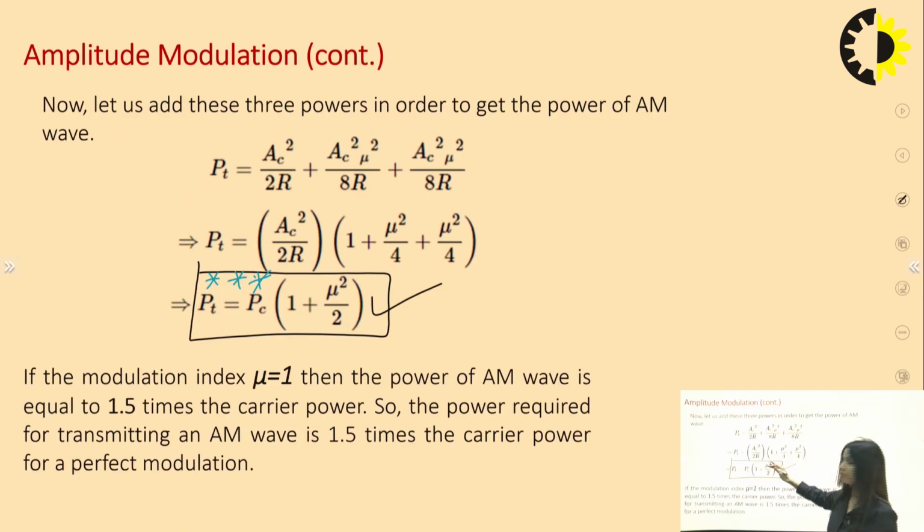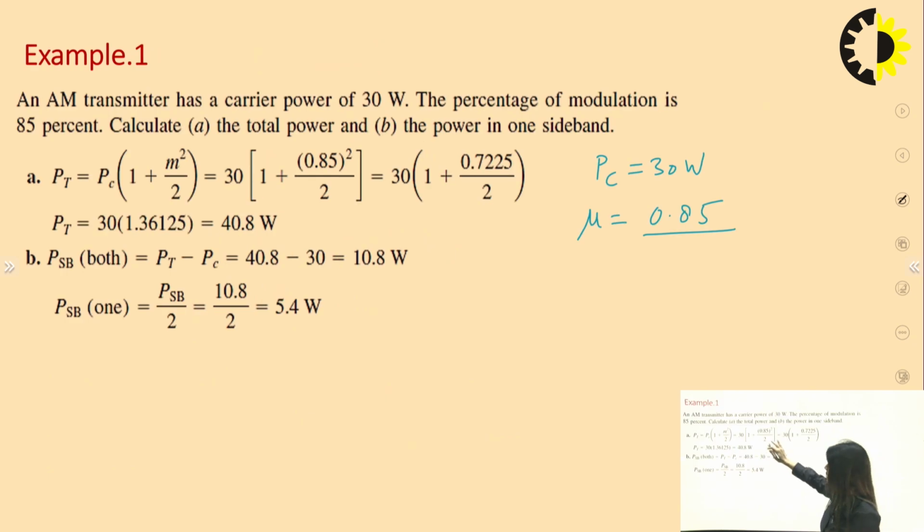PT is equal to PC into 1 plus mu square by 2, and we need the power in one sideband. We will first calculate the total power; the carrier power we know. The powers of USB and LSB are equal. So we subtract the carrier power from the total power and divide by 2 to get the power of USB and LSB.